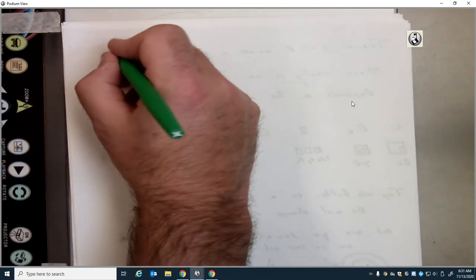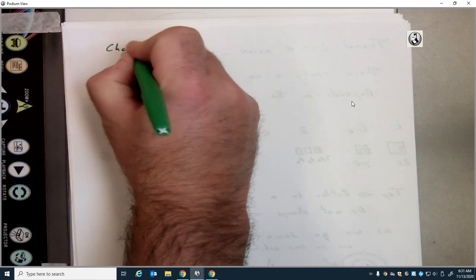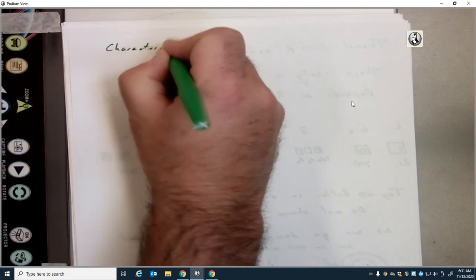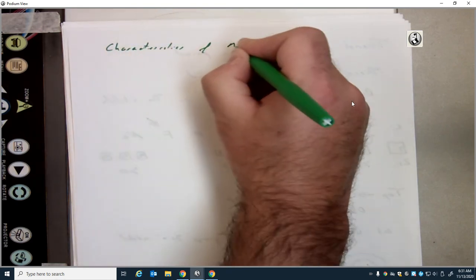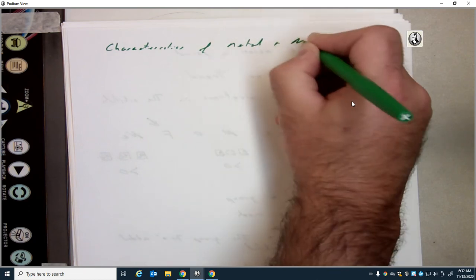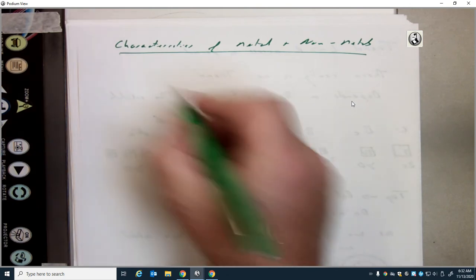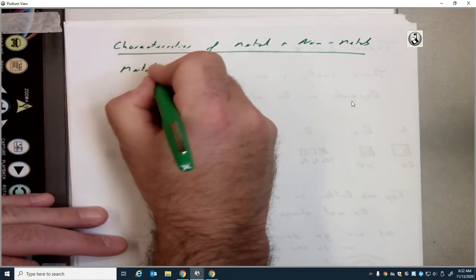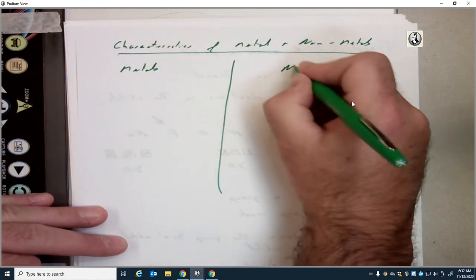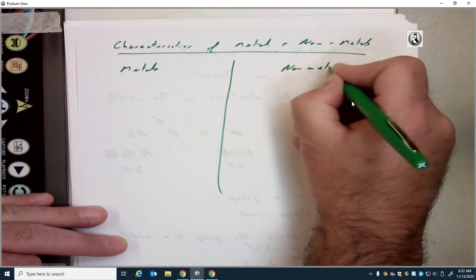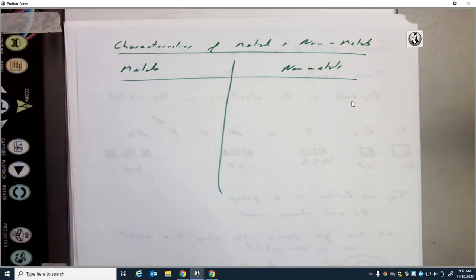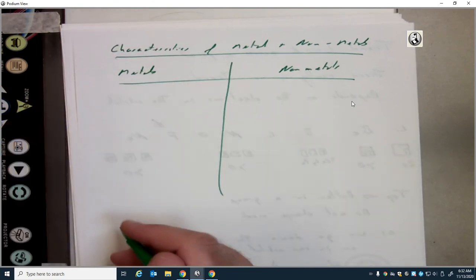So I just want to quickly run through, and I know we've talked about this before, characteristics of metals and nonmetals. Metals here, nonmetals here. Let's go through these real quick.